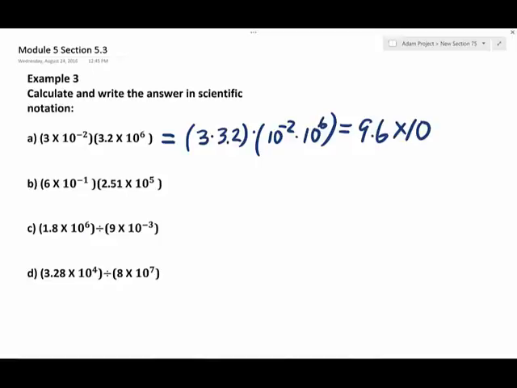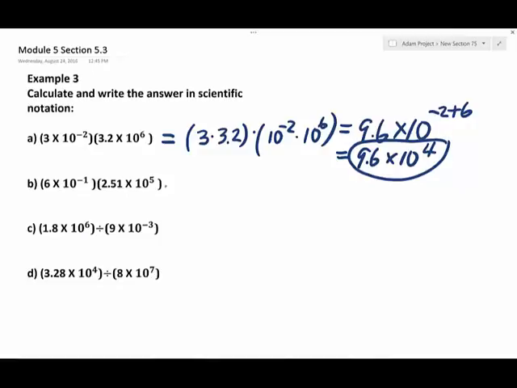So we're gonna add both exponents as the new exponent. So 9.6 times 10, negative 2 plus 6 becomes positive 4. So the answer for this is 9.6 times 10 to the 4th, and the answer is in scientific notation at the same time.